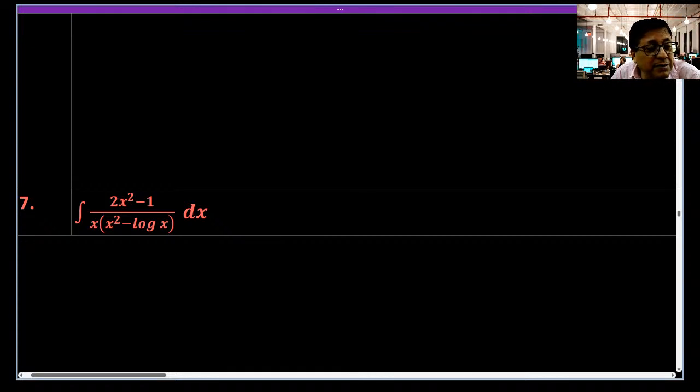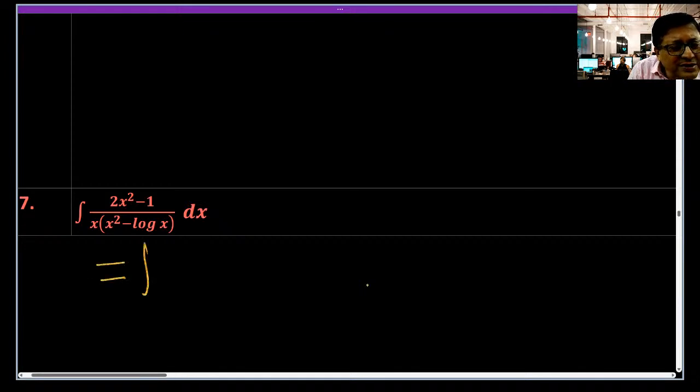2x square minus 1 by x into x square minus log x. Is this going to be a difficult one? Because f(x) and f dash x, can you recognize?